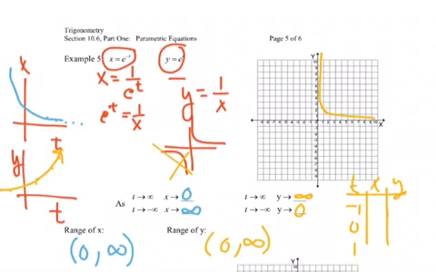Sorry. If you plug in negative 1, you get x is e, and y is e to the negative 1, which is 1 over e. That's where I got my numbers. I was looking at that. If I plugged in 0, anything to the 0 power is 1, so these give you (1, 1). And if you plug in 1, you get 1 over e and e.